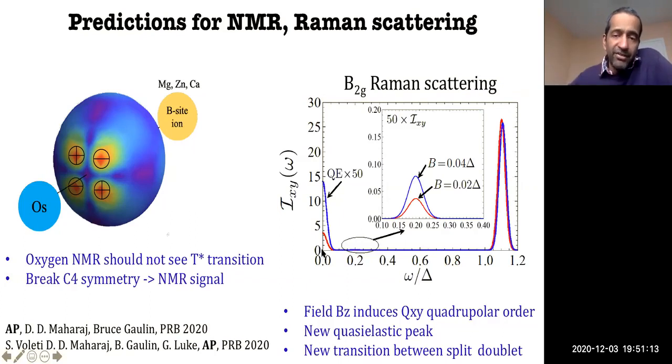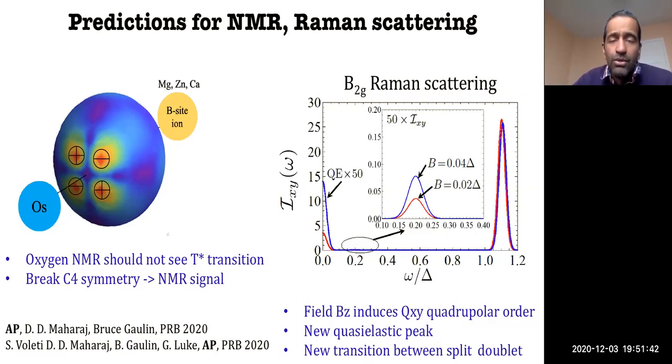In that sense, I'm calling this B2G because that's for a tetragonal classification. Once you apply a magnetic field, you expect to see this change in the system as a quasi-elastic peak at low energy. So in some sense, field-dependent Raman scattering measurements would be another way to track this octupolar order in the system.